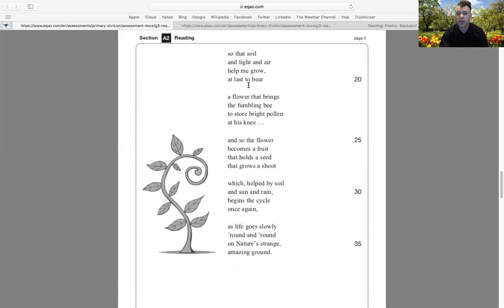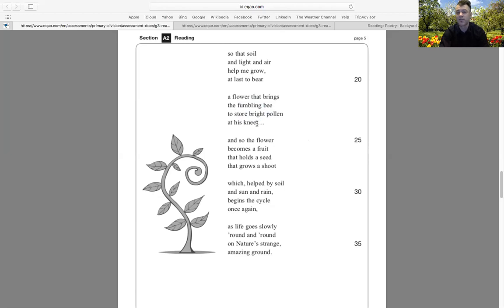A flower that brings the fumbling bee. Bees don't really fumble. That is, again, personification, giving human-like qualities to an insect, which is the bee. To store bright pollen at his knee. I guess you can say that bees do probably have legs.